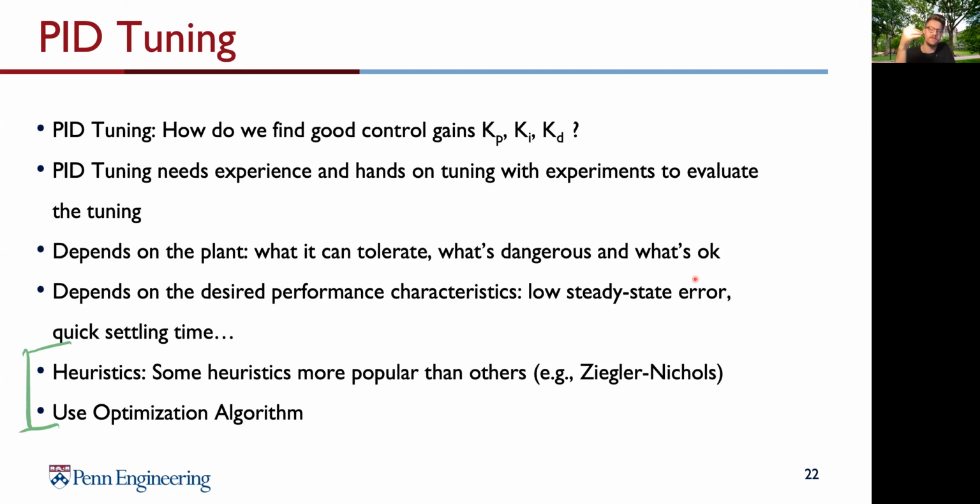We put additional material there. You can read about that. Or you might just set up an optimization algorithm. For the PID controller of your F1TENTH car, it's probably enough to use heuristics like the Ziegler-Nichols method. But for bigger systems, we might use an optimization algorithm.